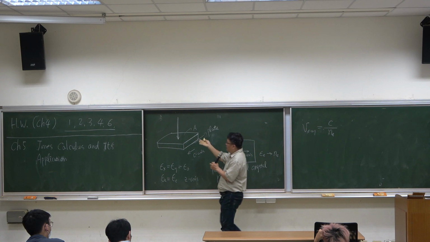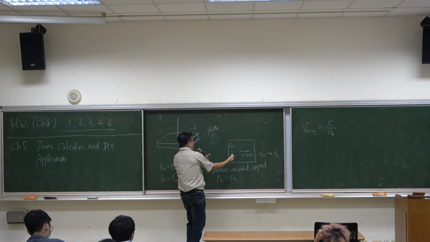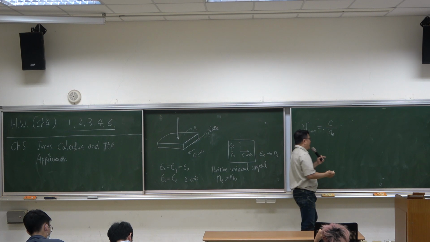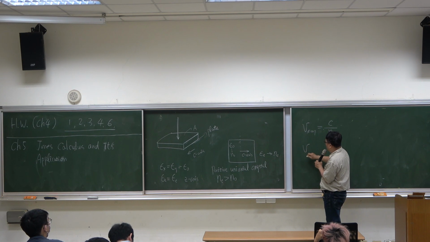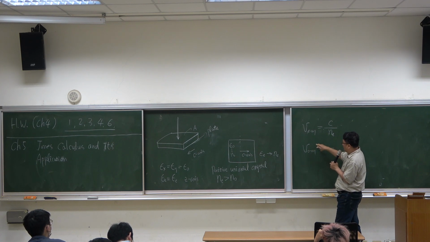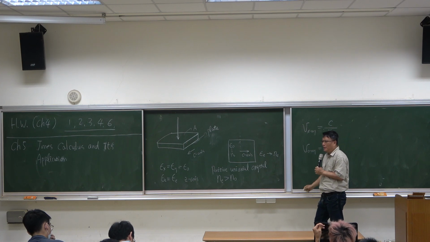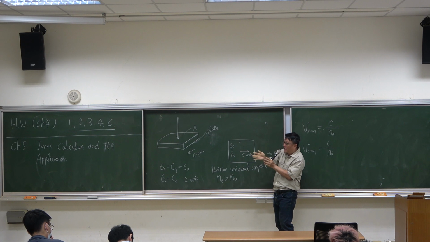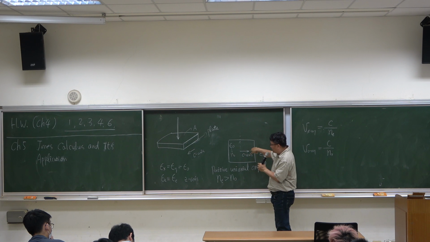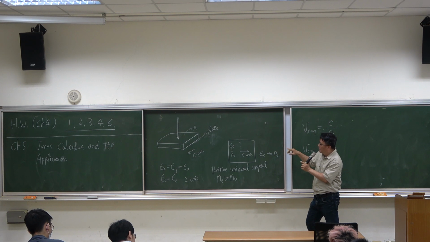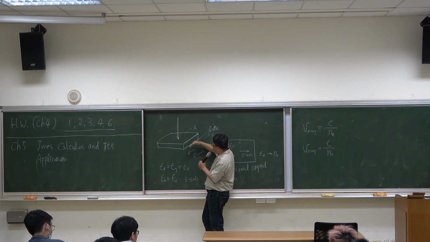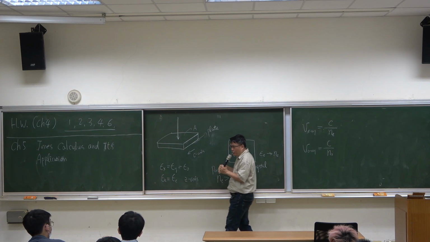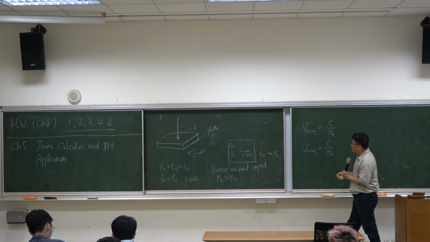However, if we choose the polarization to be perpendicular to this c-axis, then we have the O ray, the velocity is equal to c over NO. Okay. Now the E ray and the O ray have the same propagating direction, because now the c-axis is parallel to the crystal surface.